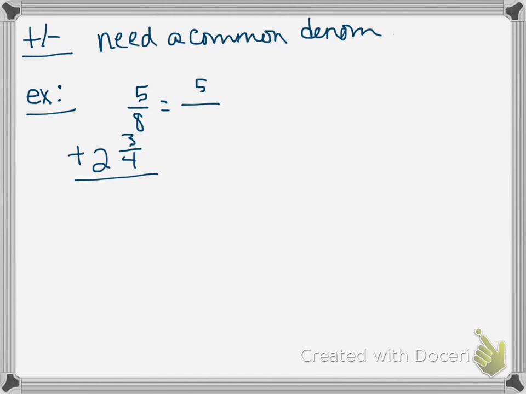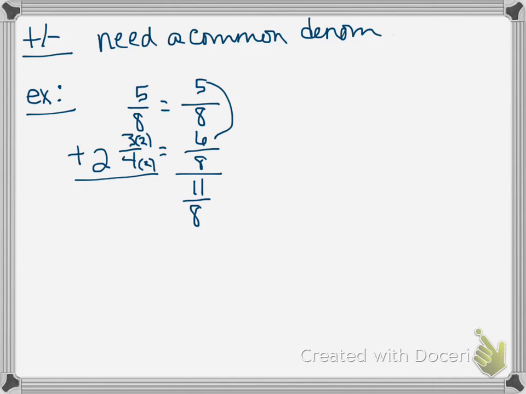So I'm just going to go ahead and write my 5/8 over here. In order to make 4 into 8, I have to multiply by 2. If I do that on the bottom, I have to do that on the top. So this is 2 6/8. Now that I have a common denominator, I just need to add my numerators, 11/8. Now this is an improper fraction.